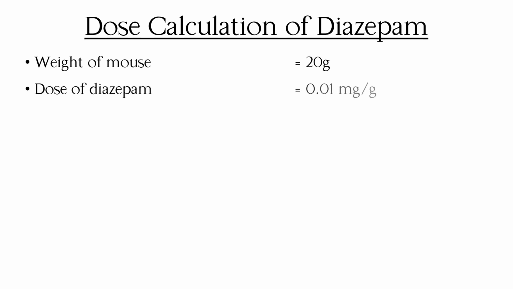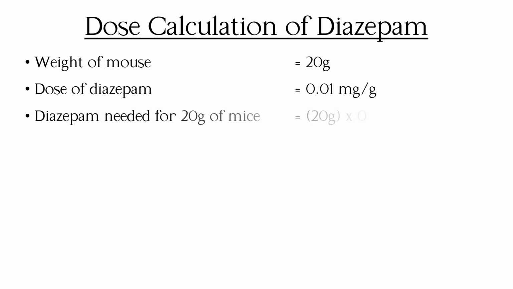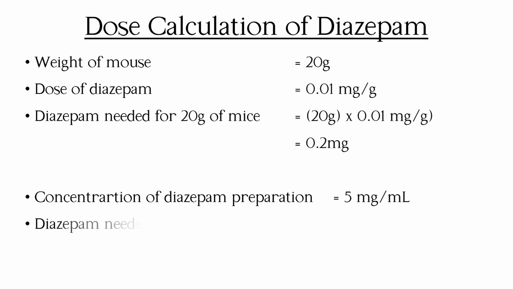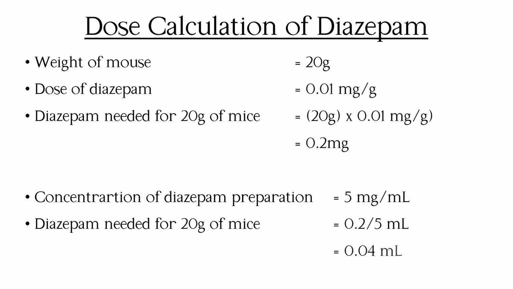Diazepam needed for 20 grams of mice is 20 grams multiplied with 0.01 mg per gram. So we get 0.2 mg. The concentration of diazepam preparation is 5 mg per 1 milliliter. So diazepam needed for 20 grams of mice is 0.2 per 5 milliliters or 0.04 milliliters.